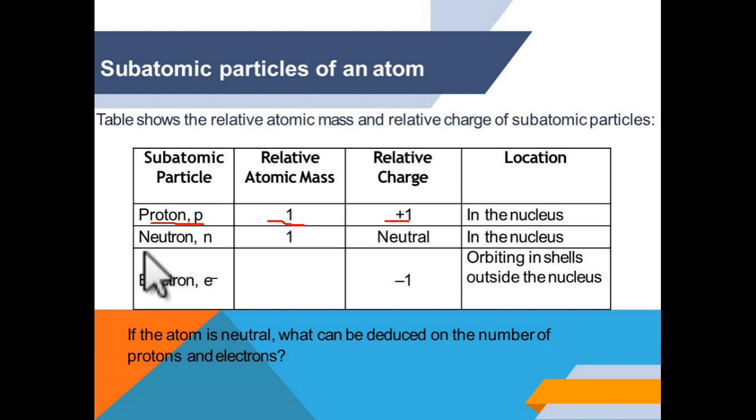And of course we have a neutron, and its relative atomic mass is 1. From the name itself, you know it is neutral, therefore without any charge, and of course it is located in the nucleus as well. Guys, that's for information. Therefore, when you add the proton number and the neutron number, this is what we call the atomic mass.